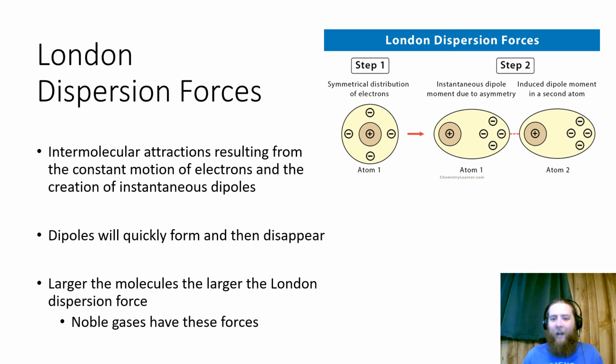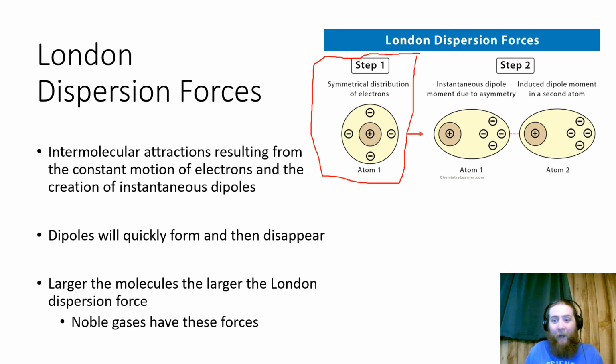So with this constant movement of these electrons, we always think of atoms in this first configuration, where all of these charges are perfectly balanced. They're all equal distance from the nucleus. Just a happy little atom.